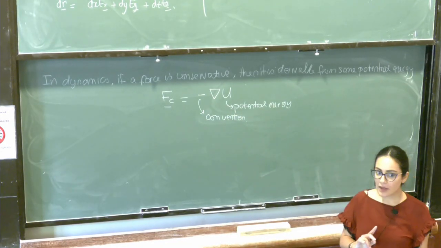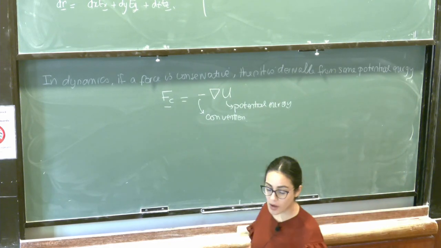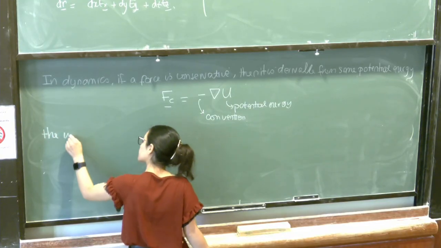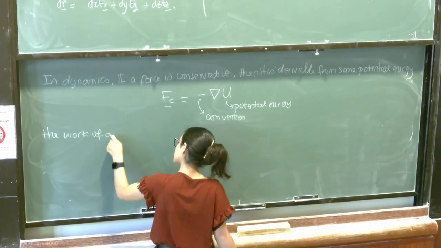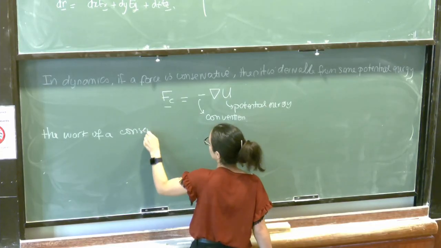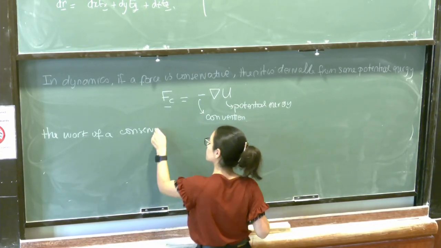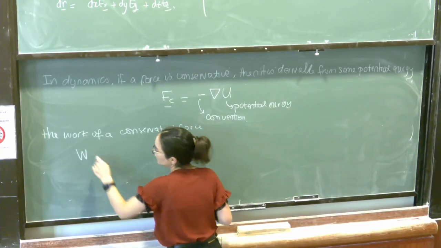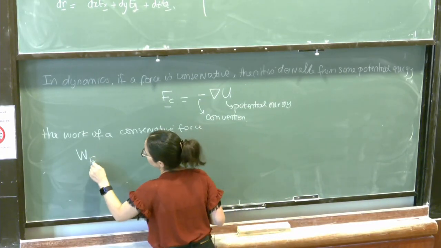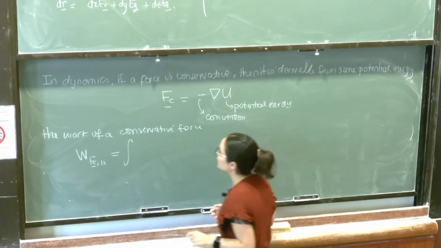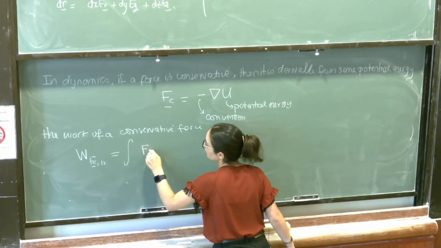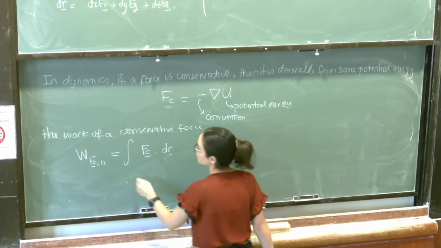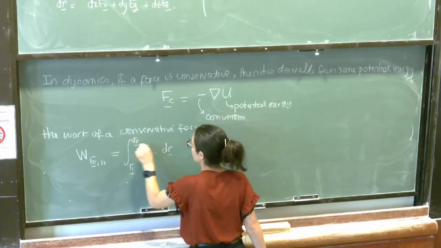Now, let's calculate the work of a conservative force. So I'll calculate the work of a force by the definition, the integral of the force dotted with dr from R1 to R2.